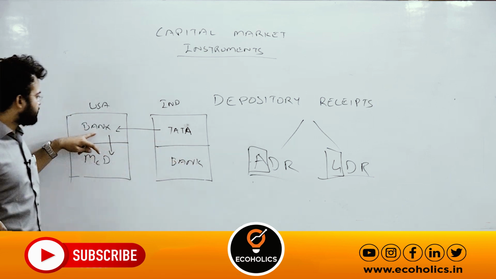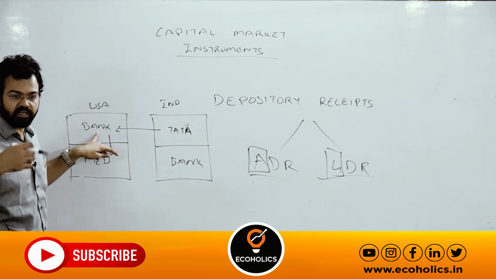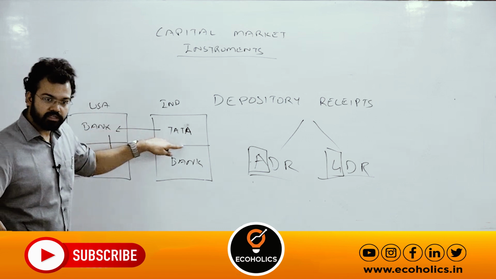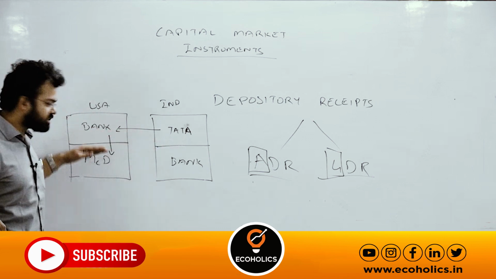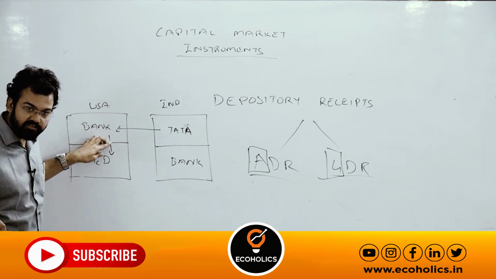So this American bank will get the right to sell the share in the American market. The share belongs to Tata, so whatever share they sell, they will raise funds. It means the bank will get some fund.